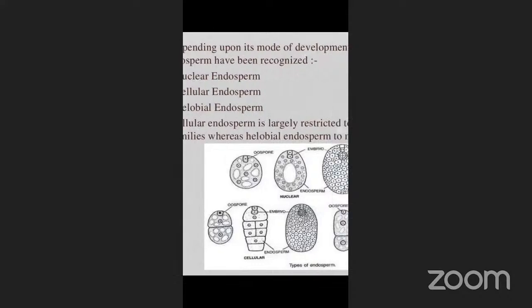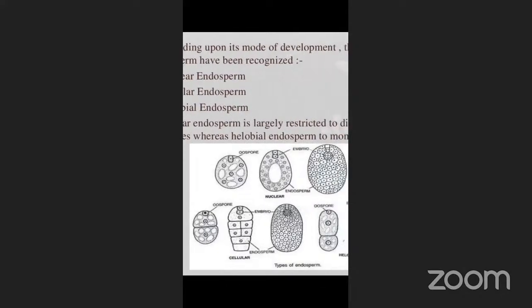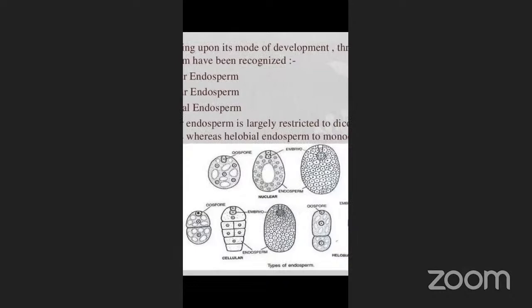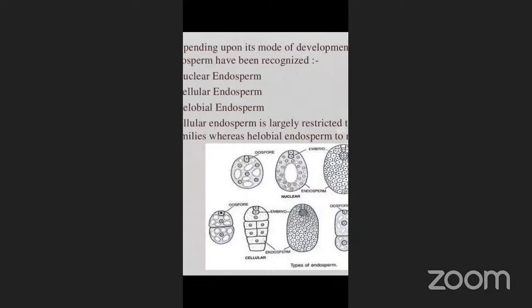Next, cellular endosperm. The free nuclear stage is absent in this type of endosperm development. Every division of the primary endosperm nucleus is followed by cell wall formation, so that the endosperm is cellular from the beginning.